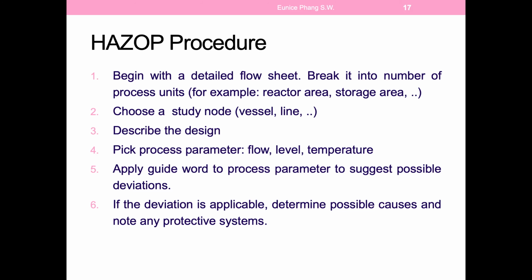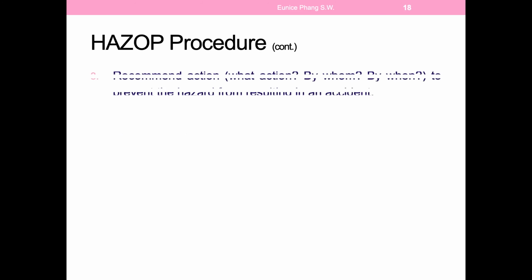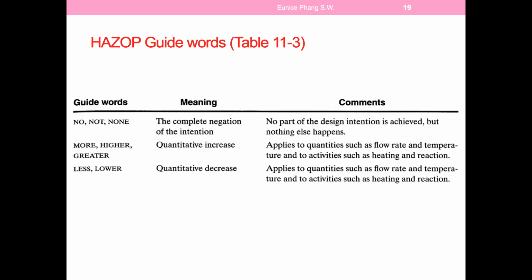Then we use guide words. I'm going to skip all this. What I'm showing here is just the general guide words, like, for example, no, not, none, which are some of the guide words, or higher or lower.